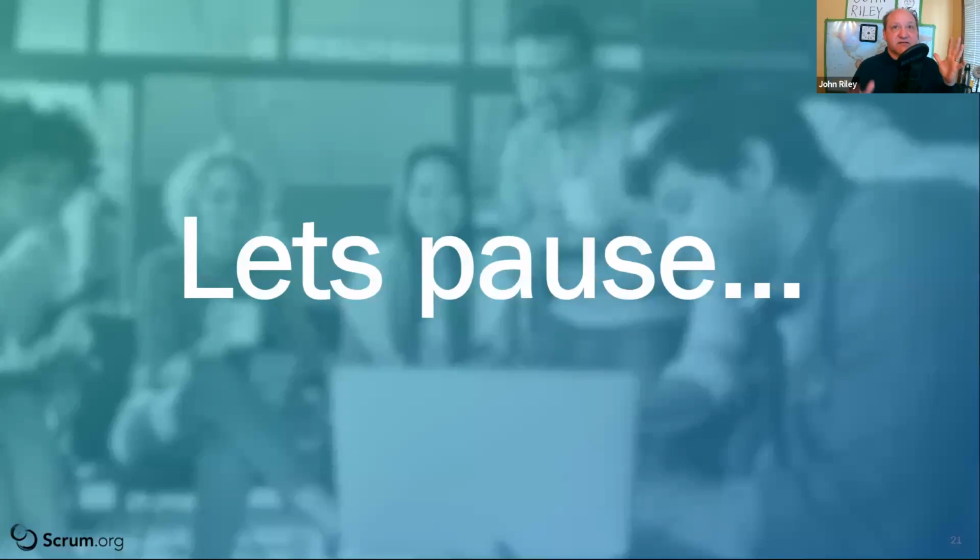And about what came across in the chat just now, that the development team is too small: yes, the Scrum Guide actually talks about this. You need to be small enough to be nimble, but large enough to produce a valuable, useful increment.